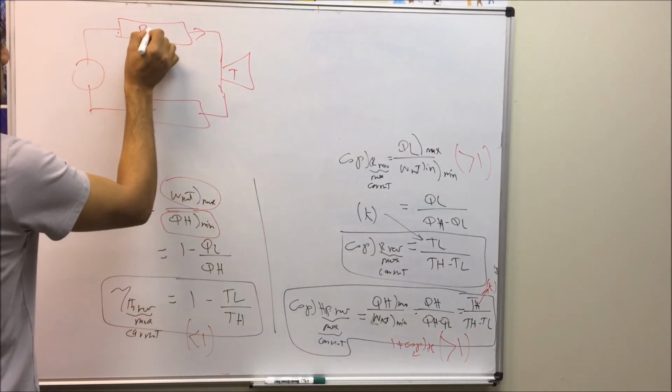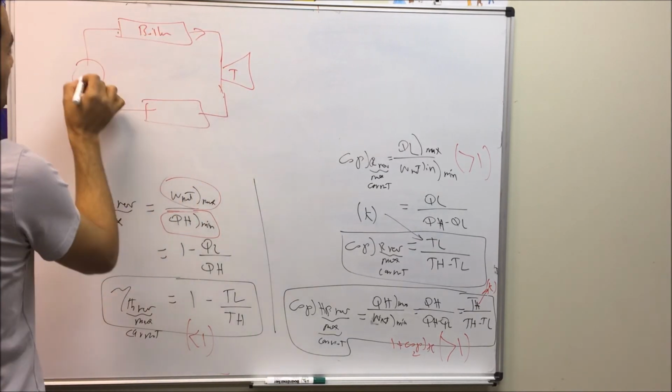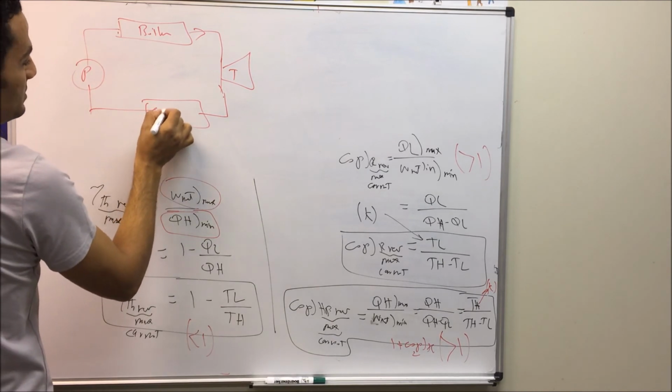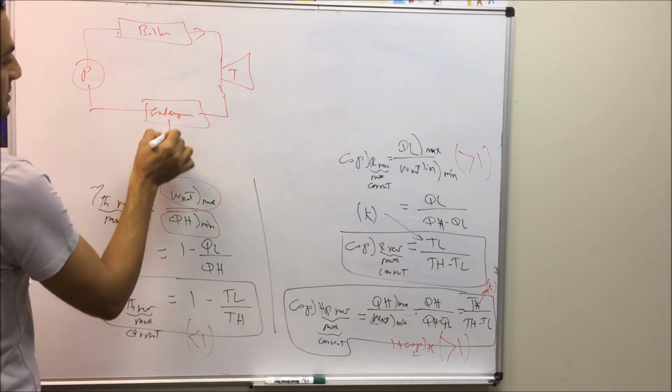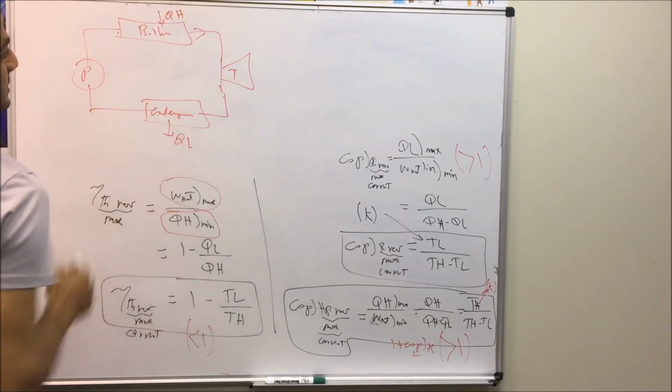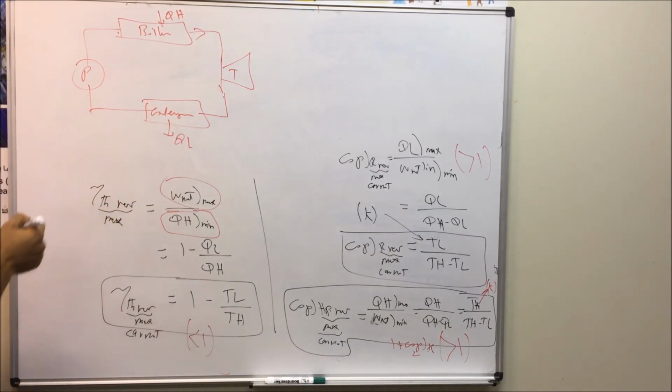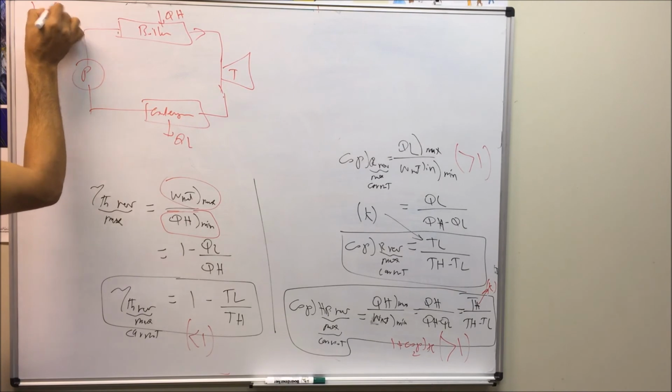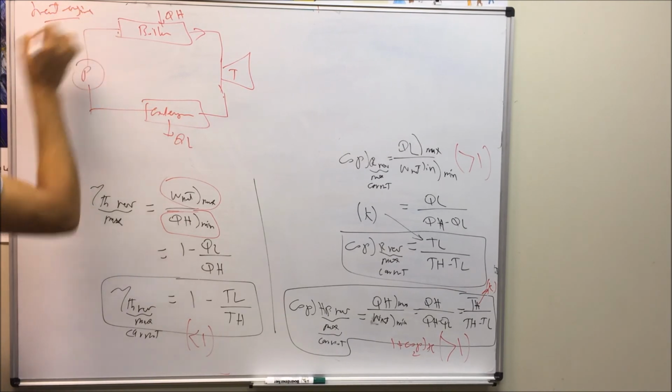Okay, so this is the boiler, turbine, pump, and then the condenser. Heat Q is rejected from the condenser and heat is added here in the boiler. This is the case when we have a heat engine.